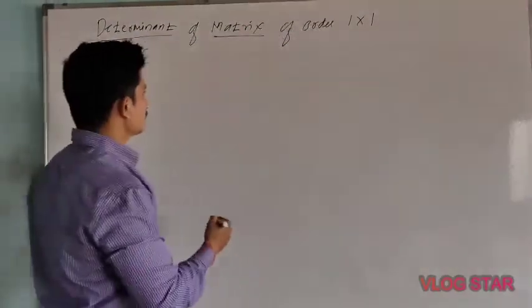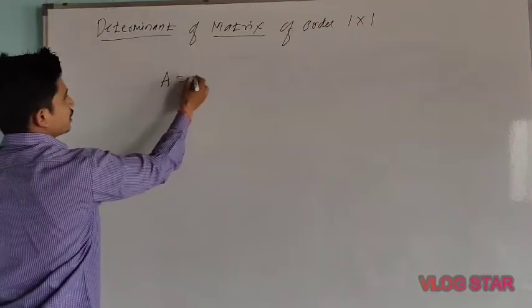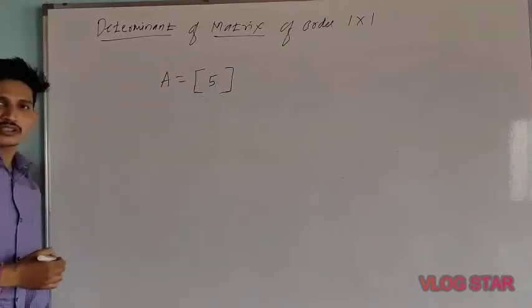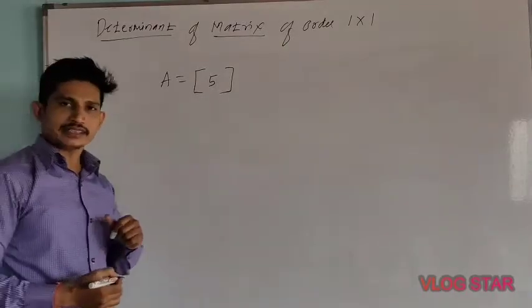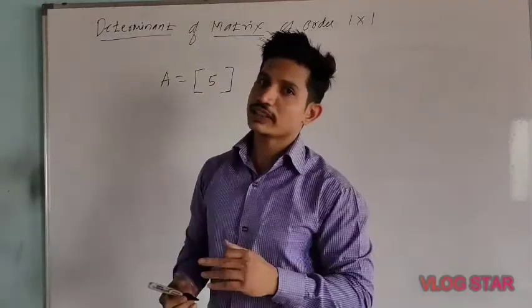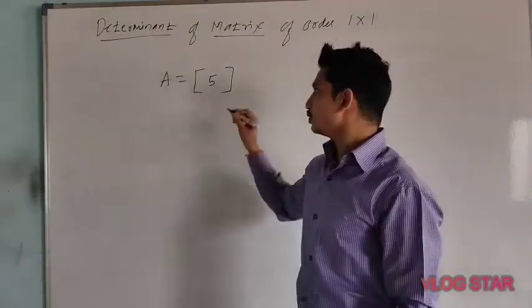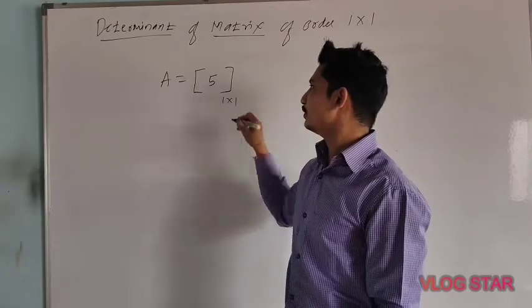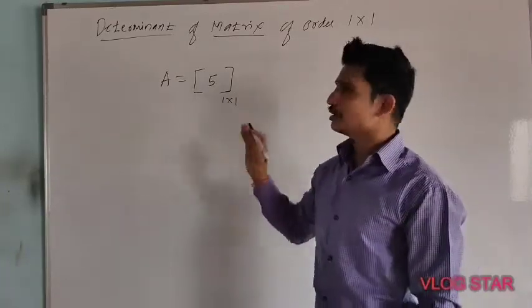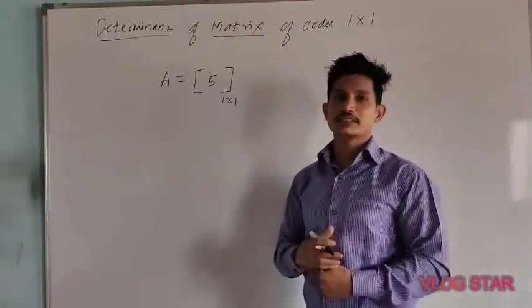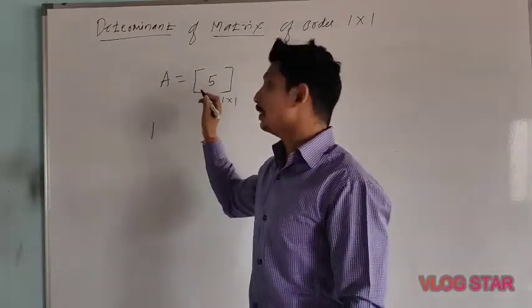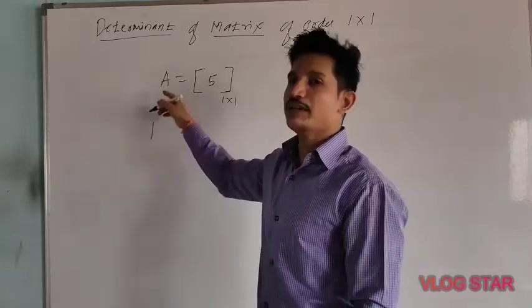Suppose A is a matrix and it has the entry 5. Only one row and only one column, so the order is 1 cross 1. What is the value of this matrix? The value means the determinant.